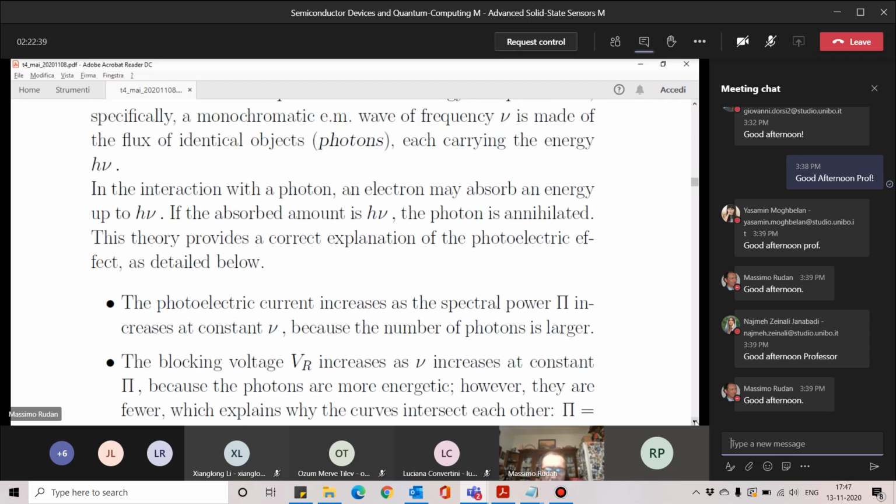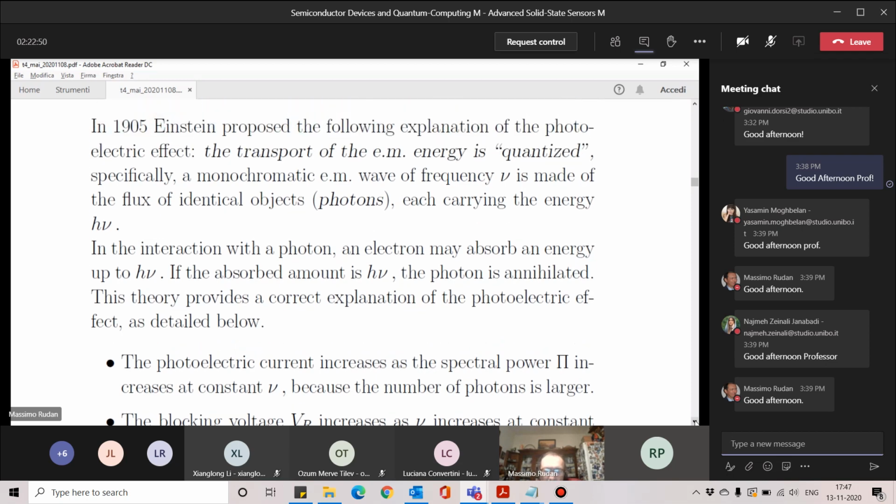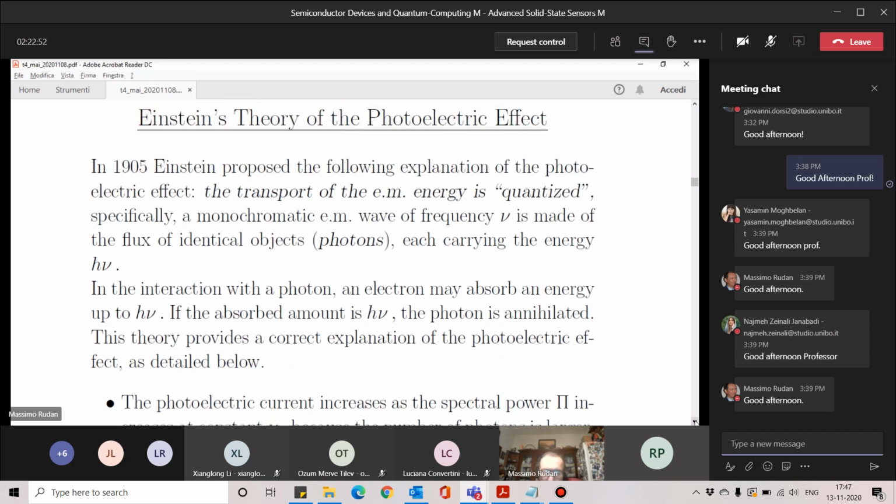If we describe each mode of the electromagnetic field as a collection of identical particles, the photons, and each particle has some energy, well, if we complete this description in terms of particles, then we should also think that these particles have momentum.